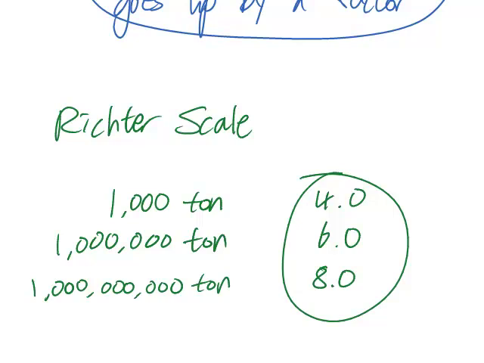There are 9.0 earthquakes happening, not all the time, but often enough that we want to make sure we have a way of denoting them in terms of magnitude relative to the smaller ones. The 1.0s, the 2.0s, those we don't actually really worry about.